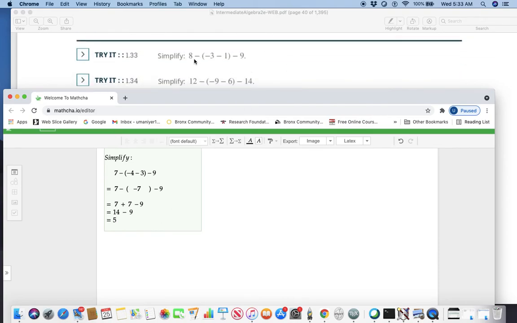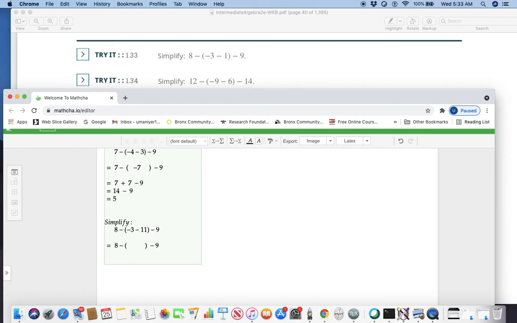Okay, let's try this. Simplify. 8 minus parentheses negative 3 minus 11 minus 9. So notice parentheses first. 8 minus, we are going to simplify the parentheses first and then minus 9. Negative 3 minus 11.